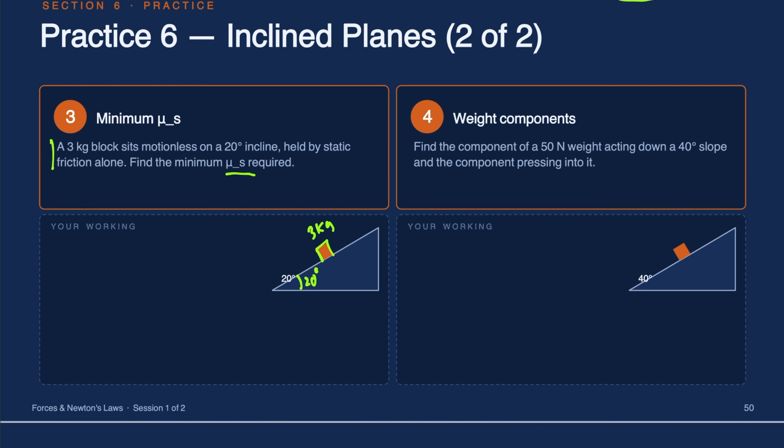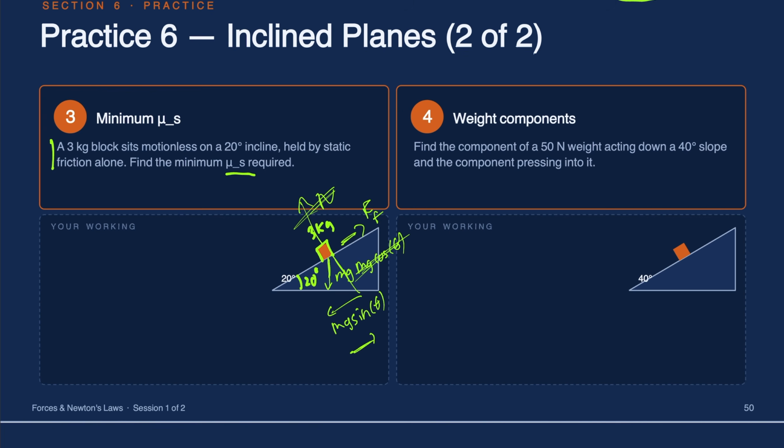Okay, so I know that mg cosine theta cancels out with the normal force, right? mg sine theta is driving my action, and we have force of friction opposing my action.